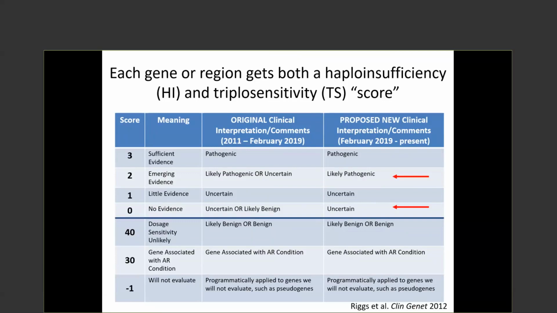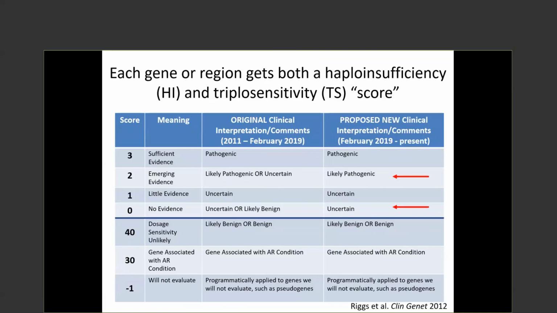So this is something we're considering updating in the future to specify the disease mechanism if known, but for now, if you see one of those, don't read anything into it other than it is associated with an autosomal recessive condition. A score of -1 is something that we really just use programmatically within our system just to annotate those genes that we don't plan to evaluate, such as pseudogenes.